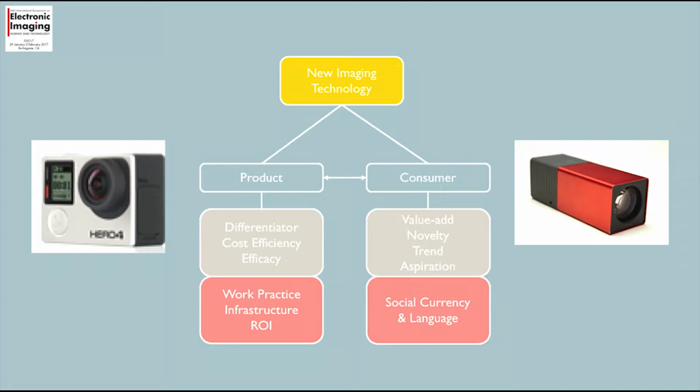If we take GoPro, it's kind of the opposite case. It's a very powerful capture device, very high image quality, very happy. People, shooters, consumers, professionals, all very happy with it. It was a differentiator through image quality. It had initially some novelty, but it was part of a big trend. It was an aspirational thing, and it doesn't disrupt the social currency.